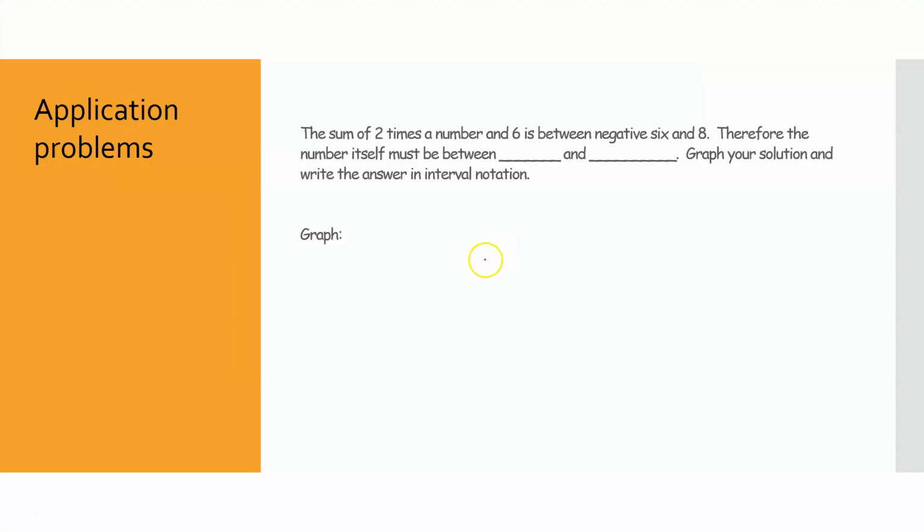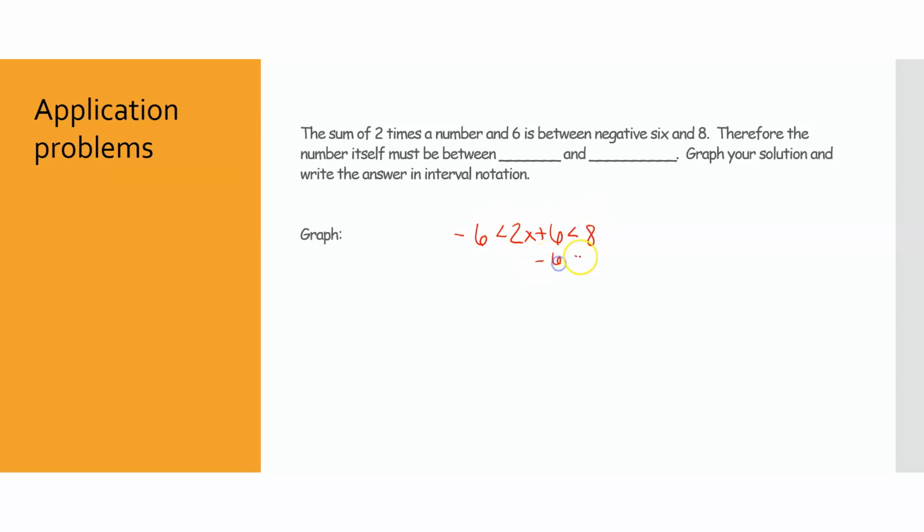Sorry about that. So I have -6 less than 2x plus 6. Oh, it's greater than, but it's less than 8.